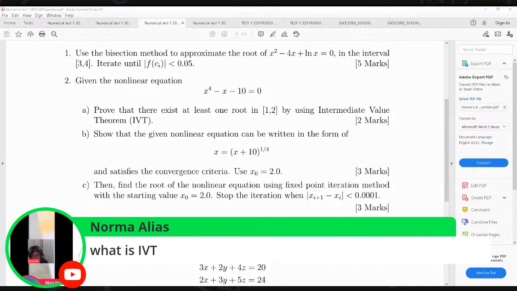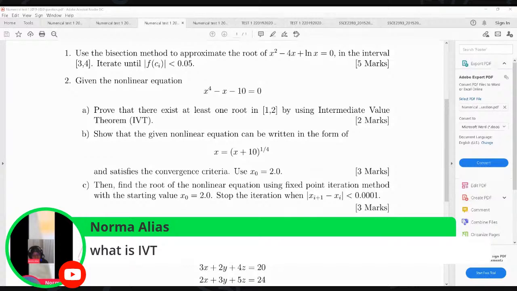Now, show that the nonlinear system of equation given as x equals (x plus 10) to the power 4 satisfies the convergence criterion. They modified this equation to x equals (x plus 10) to the power 1 over 4.